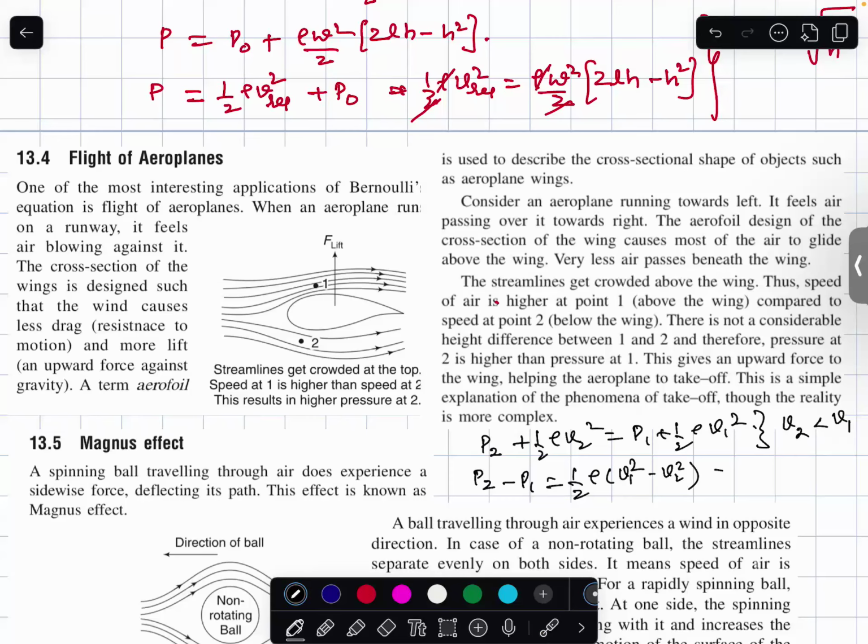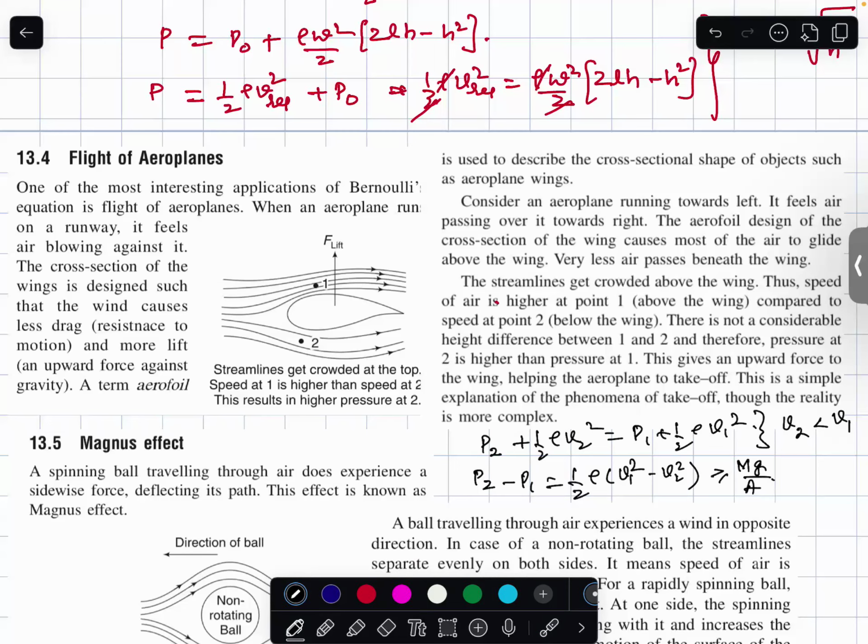This should be greater than or equal to the weight by cross-sectional area of the airplane. That is the working principle of aeroplane. So that is where you used Bernoulli's equation. Have you understood? Are we clear? Everyone in this class?